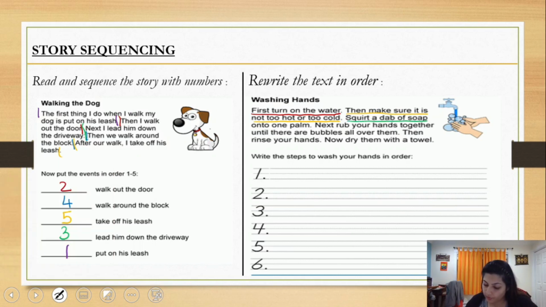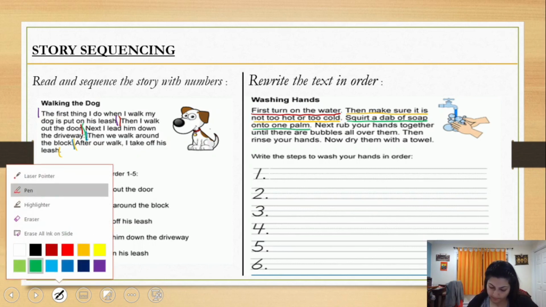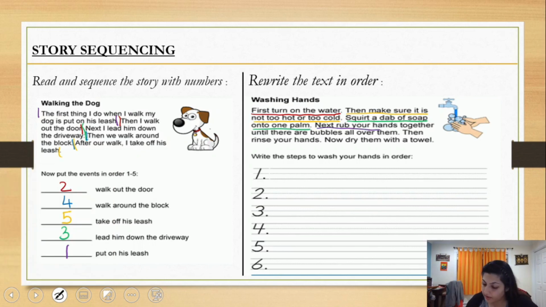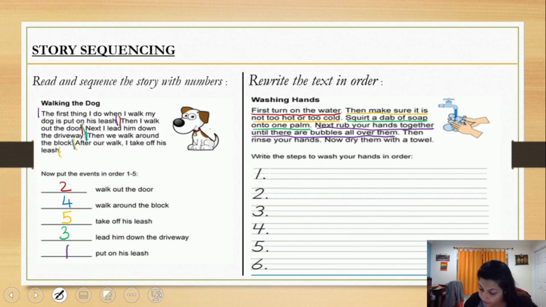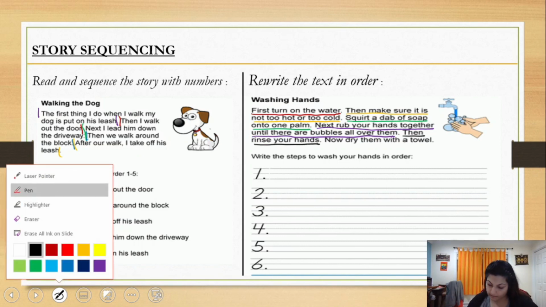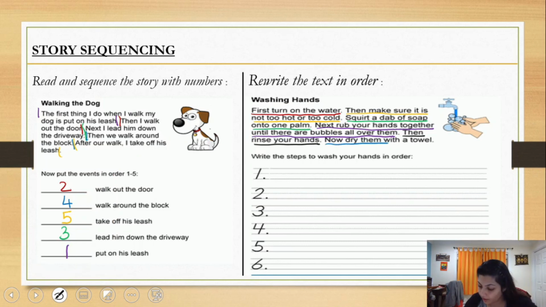Squirt a dab of soap onto one palm. Next, rub your hands together until there are bubbles all over them. Then rinse your hands. Now dry them with a towel.